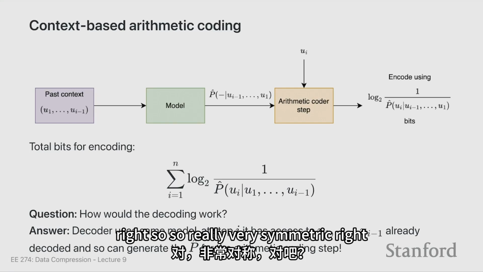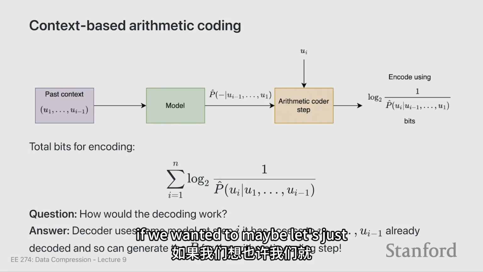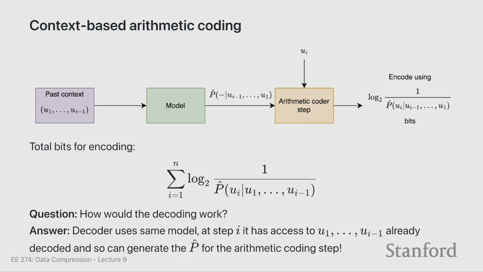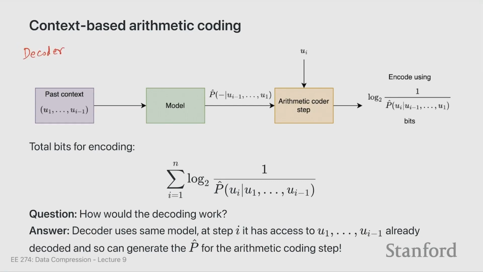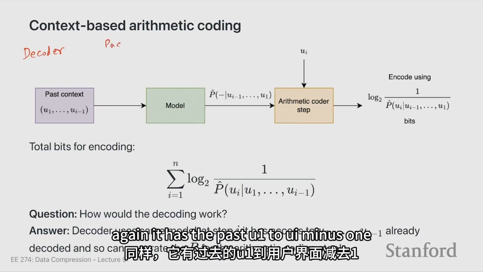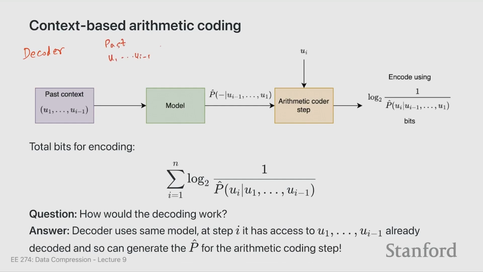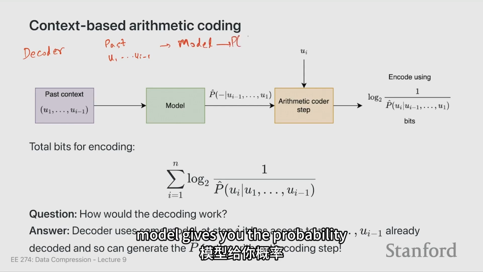Right. So really very symmetric, right? Let's try to draw it. The decoder again has the past, U1 to U(i-1). It has the model. The model gives you the probability.